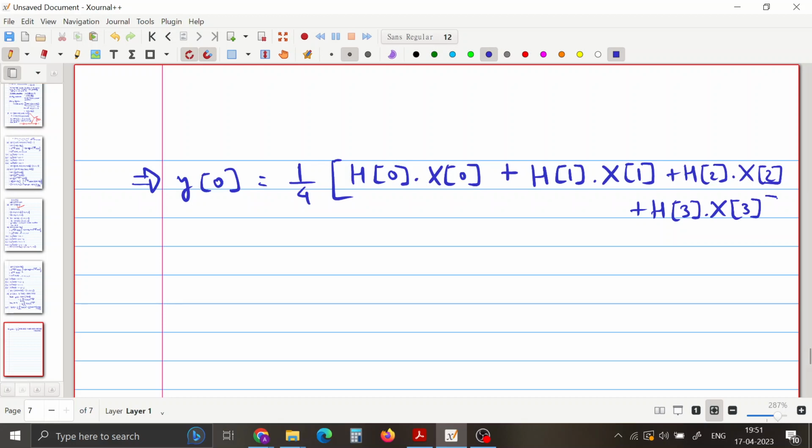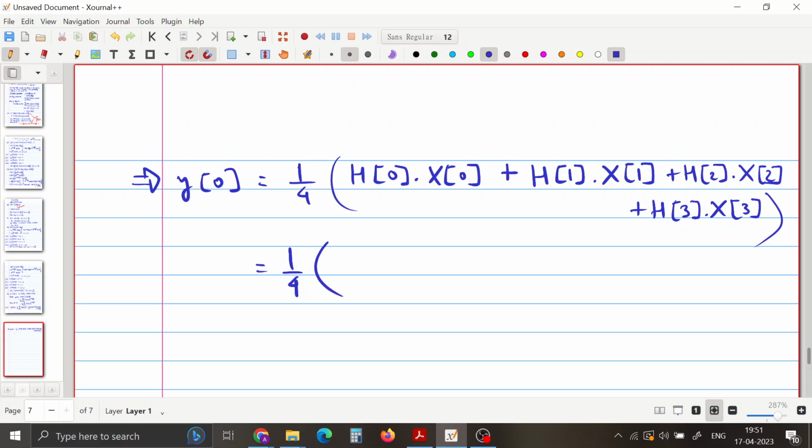We are using first bracket here, so stick to that. So this is our y of 0, and now just put these values.